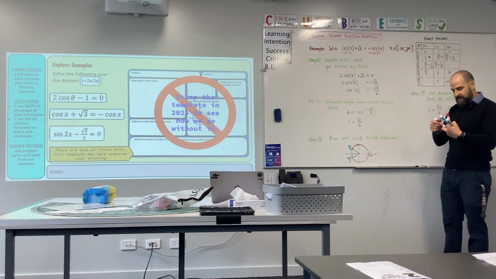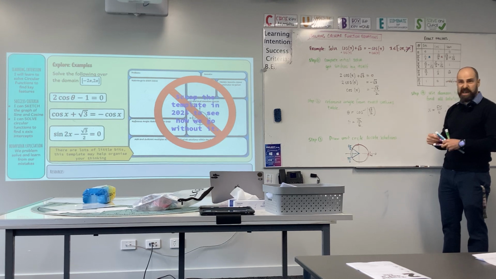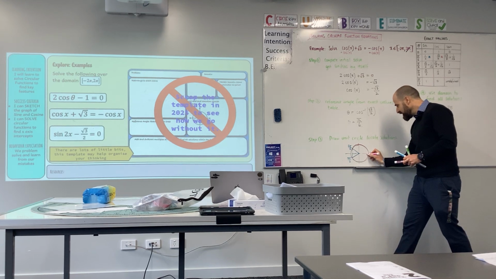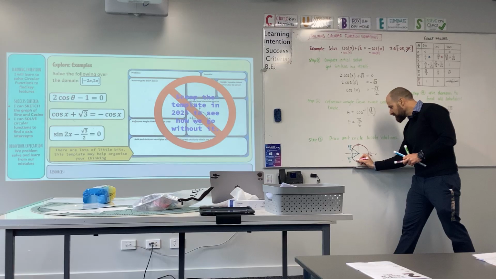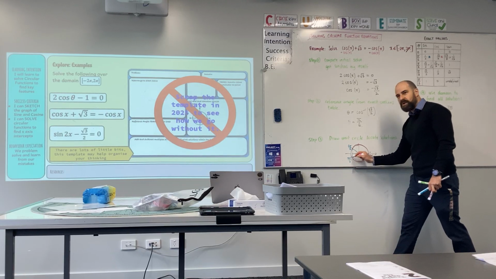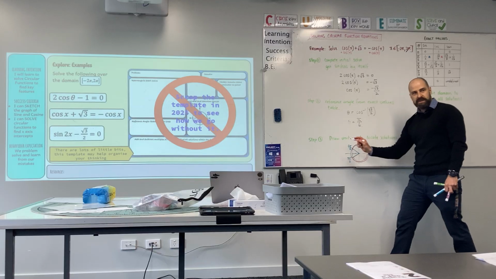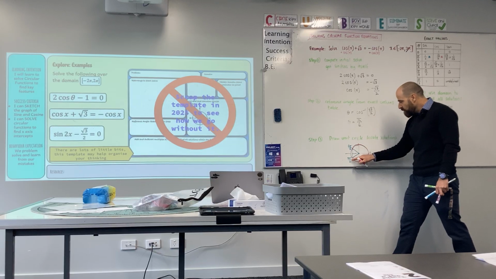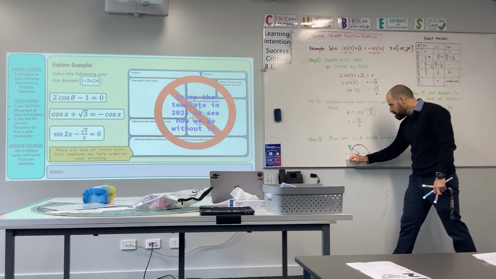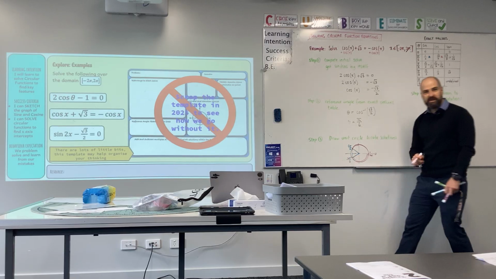So how am I going to do that? Well, I go backwards. So I start here, and I'm going to go around the unit circle. I get to this point. This won't be 7 pi on 6 anymore because I'm going backwards. This angle will be minus 5 pi on 6.